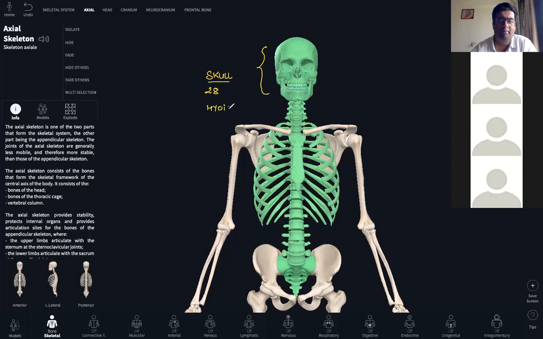If I slightly move it, you will be able to see it. So hyoid is one bone. Okay. Then you have the thoracic cage. Thoracic cage is also known as the rib cage. Thoracic cage consists of about 25 bones. And then you have the vertebral column.